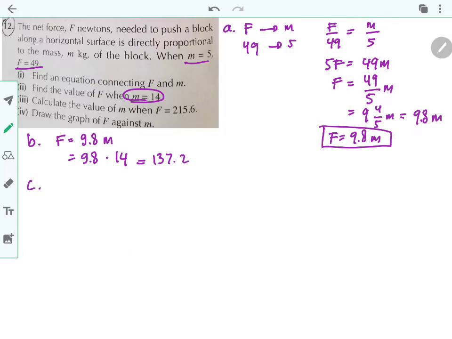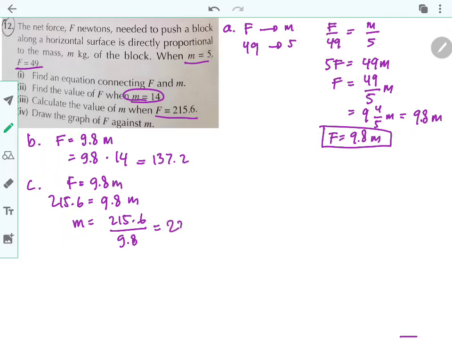Now for C, calculate the value of M when F equals 215.6. What we need to do is just substitute the value of F with 215.6. Okay, so the equation again is F equals 9.8M. So 215.6 equals 9.8M. So you can say M equals 215.6 divided by 9.8, which is equal to 22.